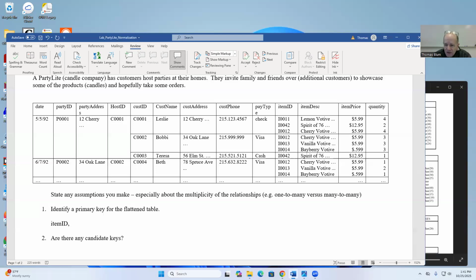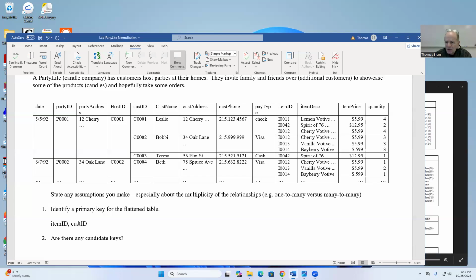And the answer is no. We see here that customer 1 bought some cherry votive candles, and customer 2 also bought some cherry votive candles. So knowing the item ID does not tell you the customer ID. So we would need the customer ID.